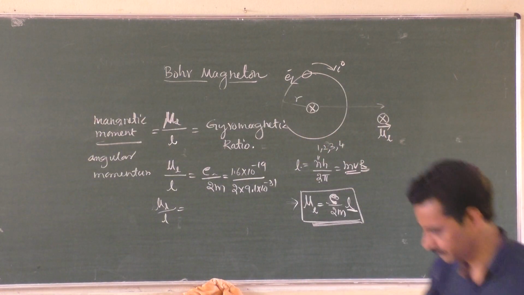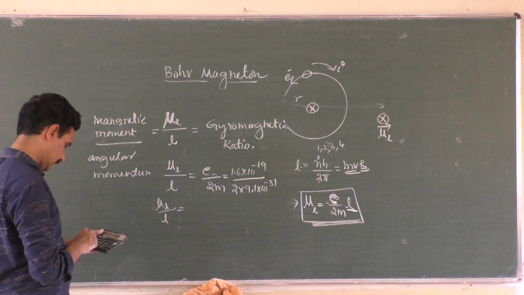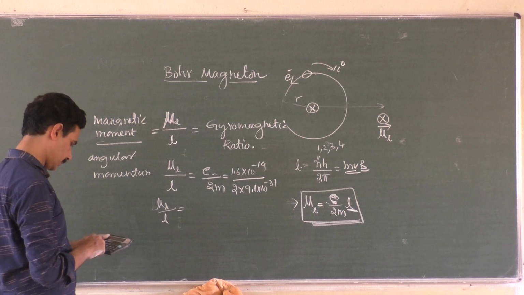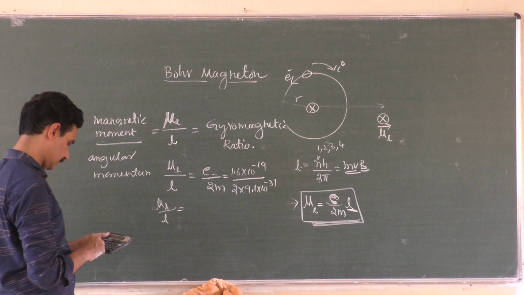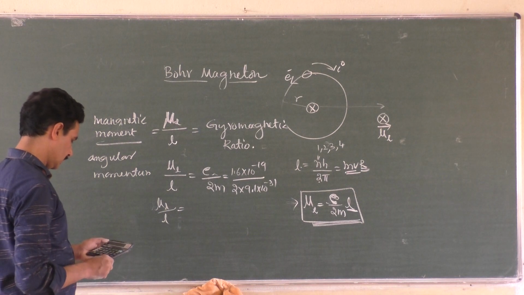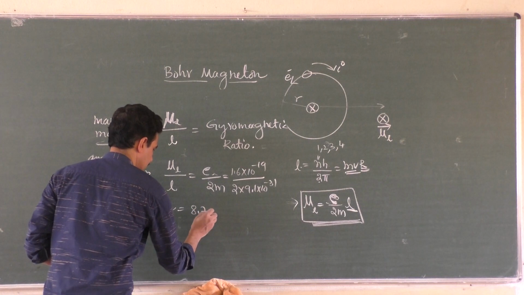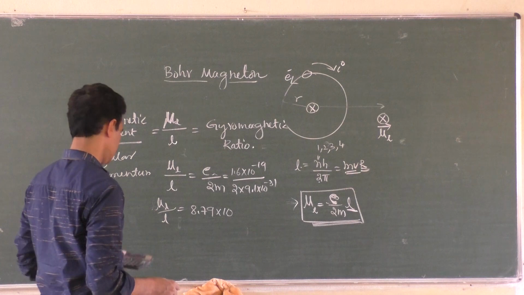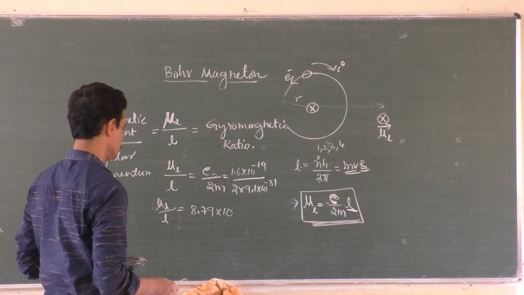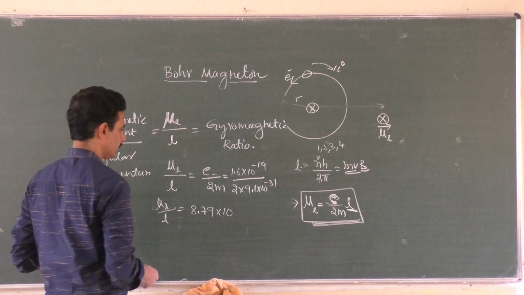Let me calculate it. 1.6 by 2 is 0.8, 0.8 divided by 9.1 comes to 8.79 or 8.8 into 10 to the power, here is 0.08, so you will have 10 to the power minus 2 extra, plus 31, minus 21, 10 to the power minus 10.